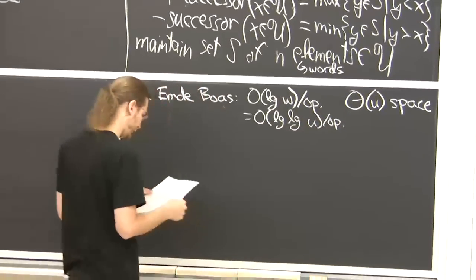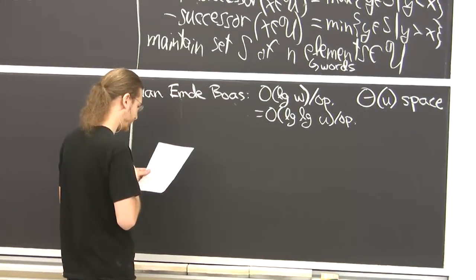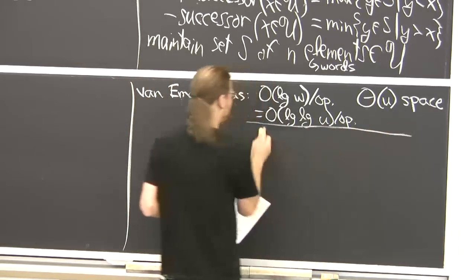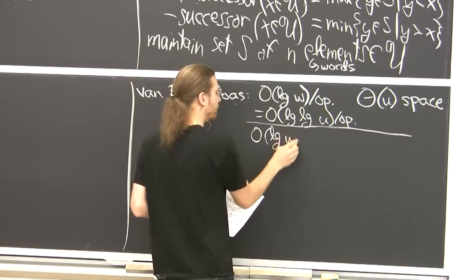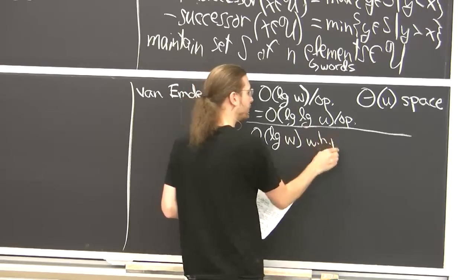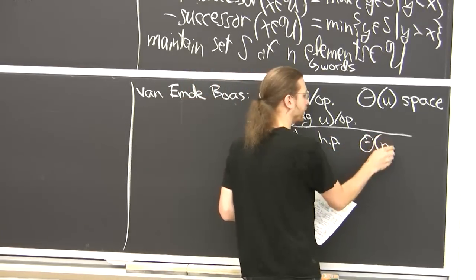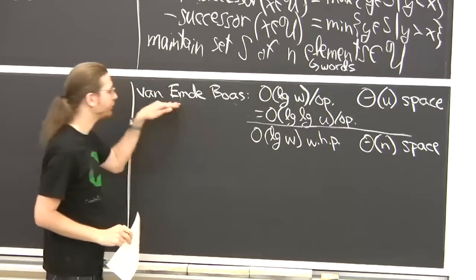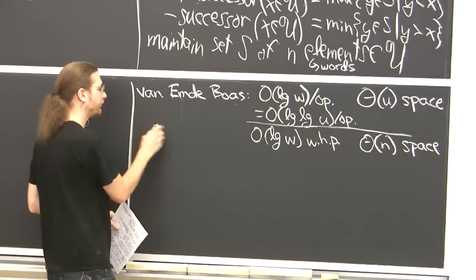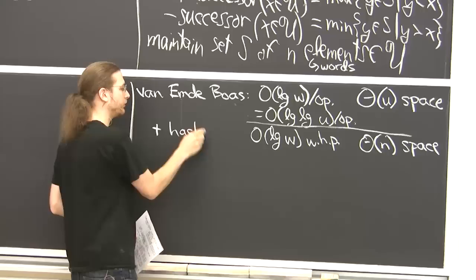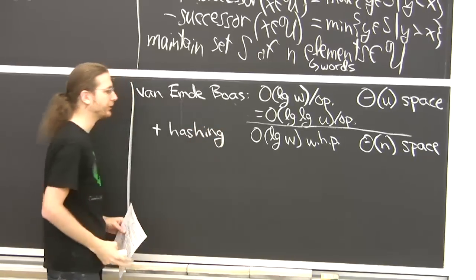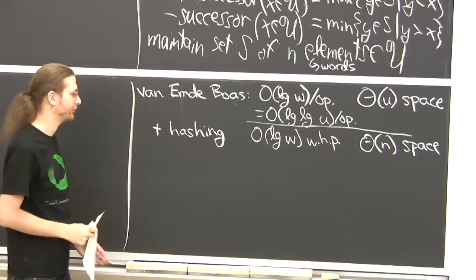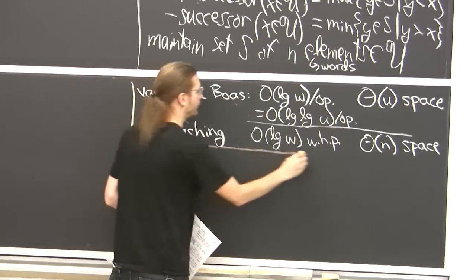So how do we do better than that? Well, there are a couple of answers. One is that you can achieve log w with high probability and order n space with a slight tweak. Basically, you combine van Emde Boas plus hashing, and you get that. I don't actually know what the reference is for this result. It's been an exercise in various courses and so on.